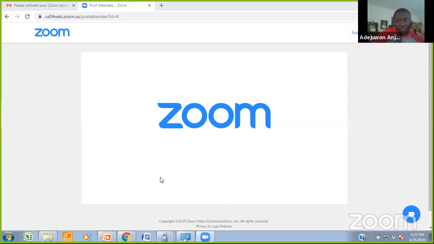So if you go to the Zoom window, at the bottom you see the control panel, the part that says mute. If you click on the arrow beside mute, please click on test speaker microphone.